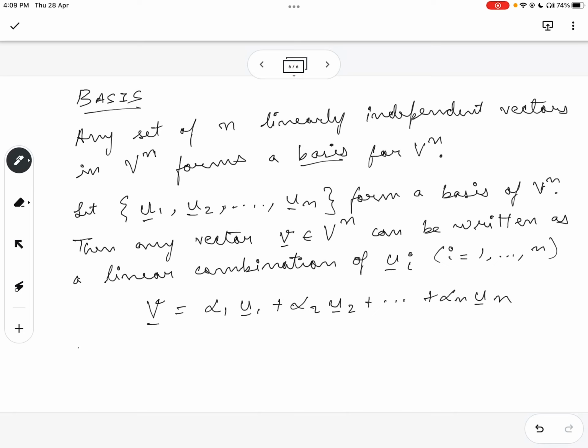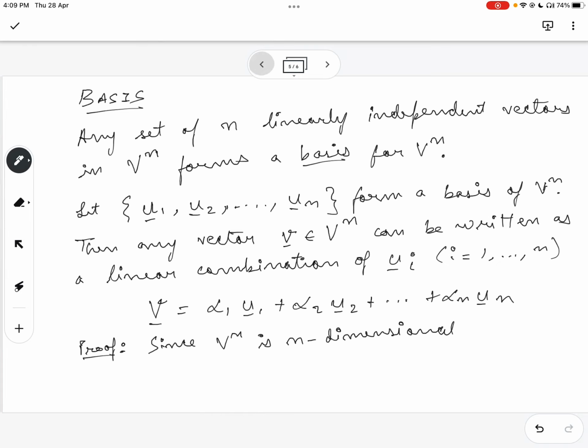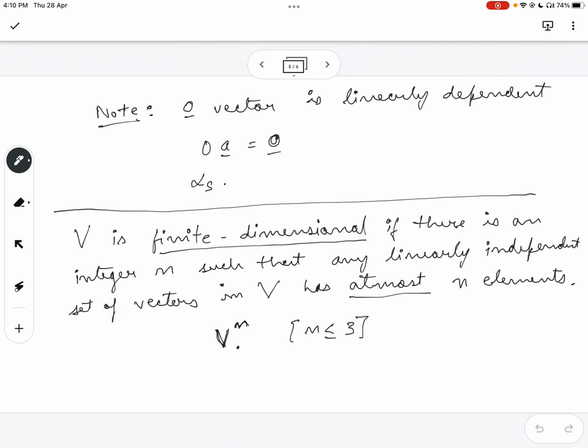So this can be proved. We'll look at the proof of this. Since Vn is n dimensional, we saw previously that V is finite dimensional if there is an integer n such that any linearly independent set of vectors in V has at most n elements.